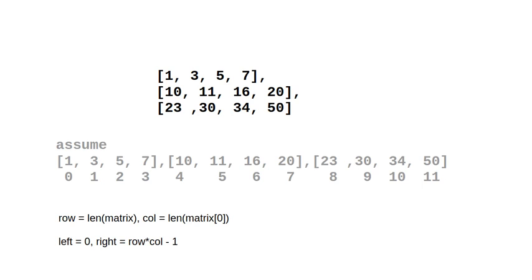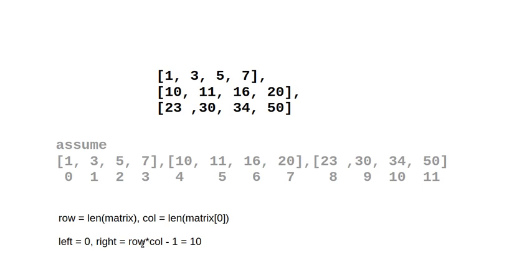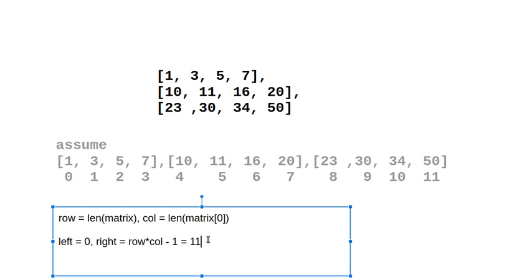Since we flattened it, we have indices from 0 to 11, and the left is 0. The product of the row and column would be 3 by 4. All right, so hold on, 1, 2, 3, 4, 5, 6, 7, 8, 9, 10, 11, 12. So actually the right should just be 11.